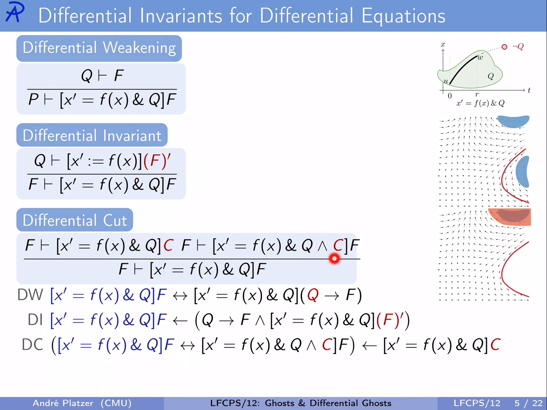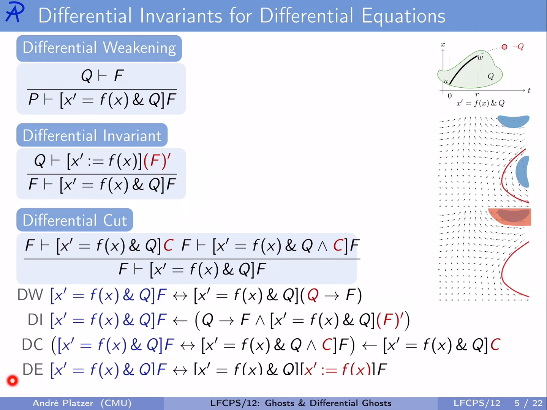But that, even if it should make us nervous, was actually okay because we previously established in the left premise that we can't leave C anyhow. Also remember the differential weakening, differential invariant, and differential cut proof rules really derive in a very simple, straightforward way from the differential weakening, differential invariant, and differential cut axioms, which are the more fundamental principles. But these are already packaged up properly for use.